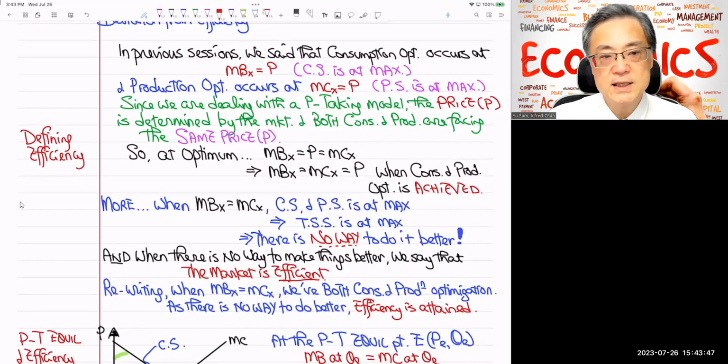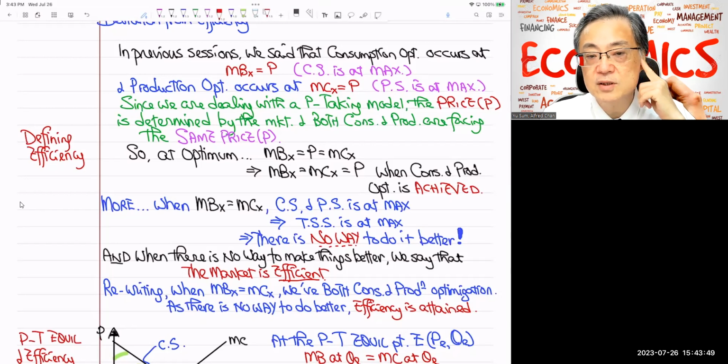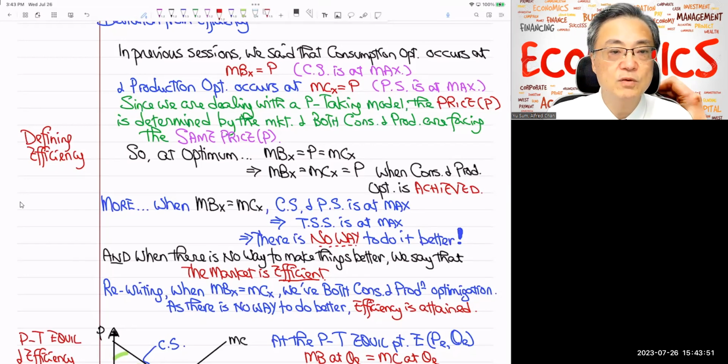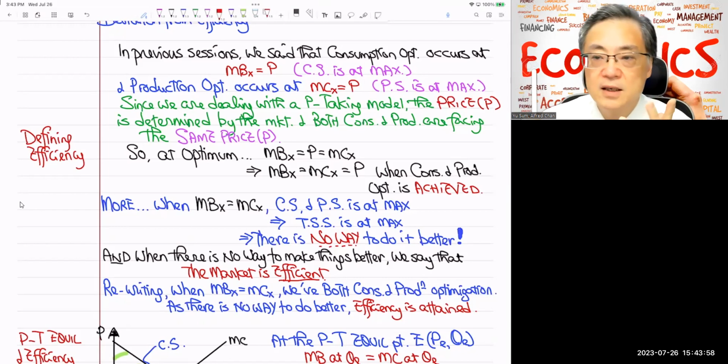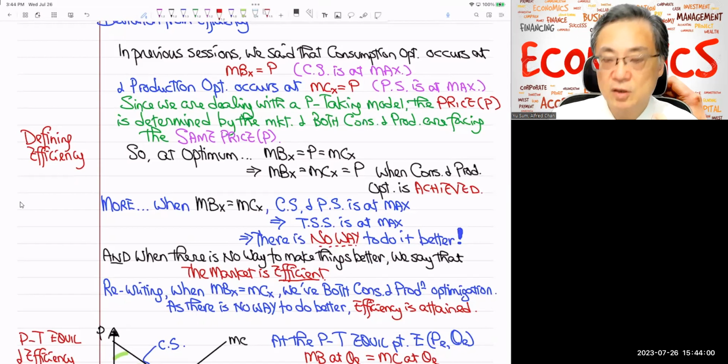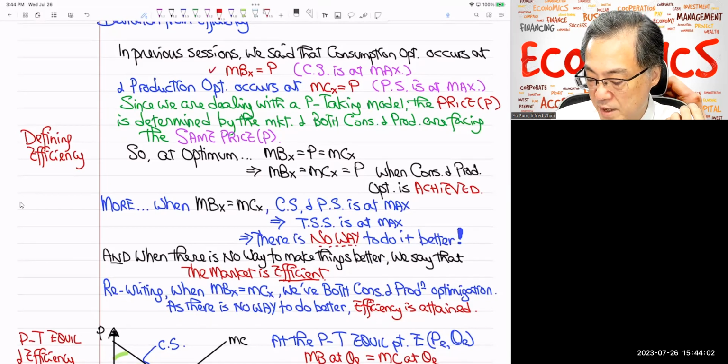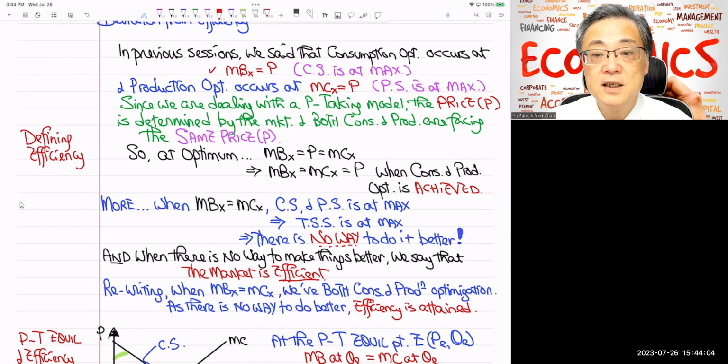When we need to define efficiency, we have to recall what we have learned in previous sessions. We've said that consumption optimization occurs where MB of X equals the market price. In this case, your consumer surplus is at maximum, which means it can't be further improved.